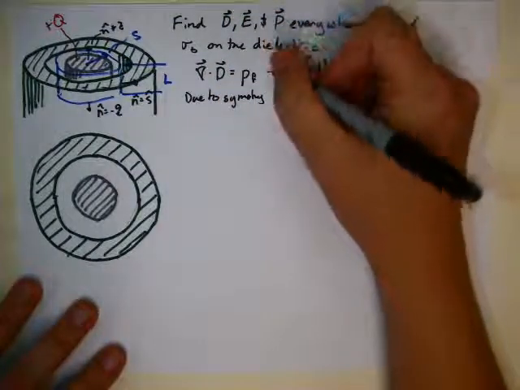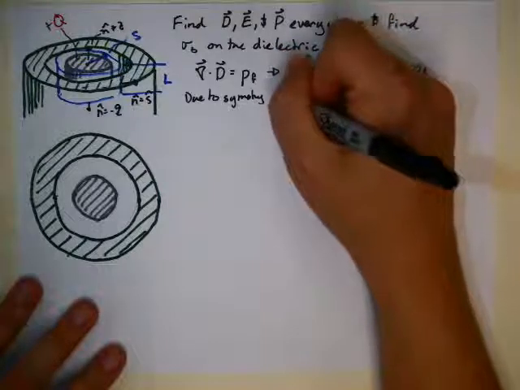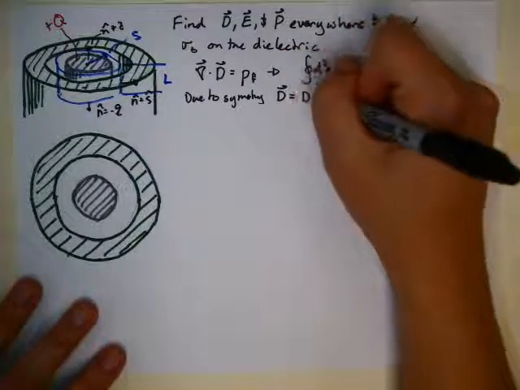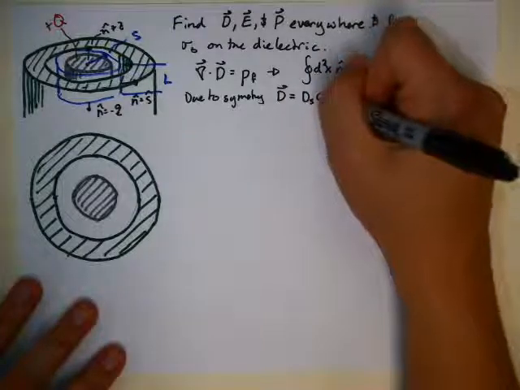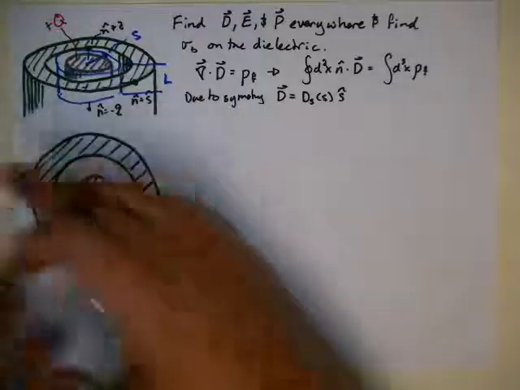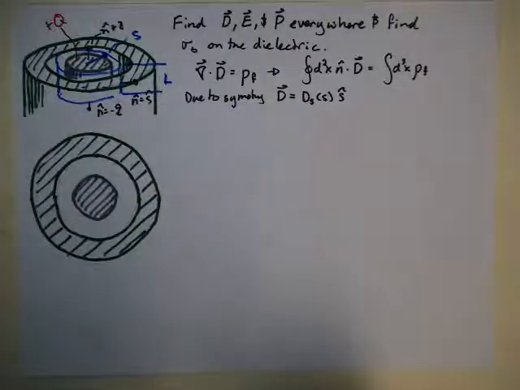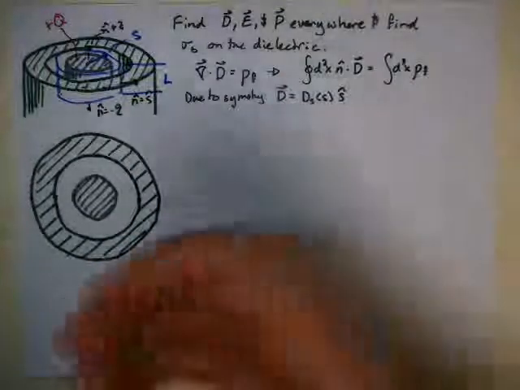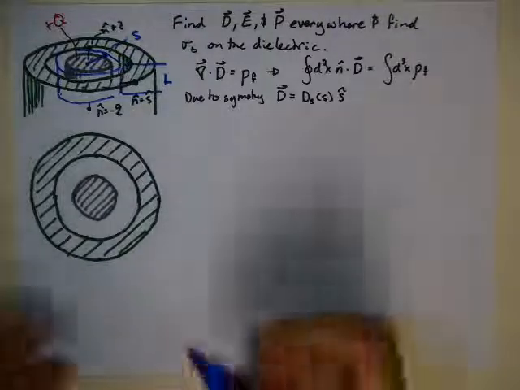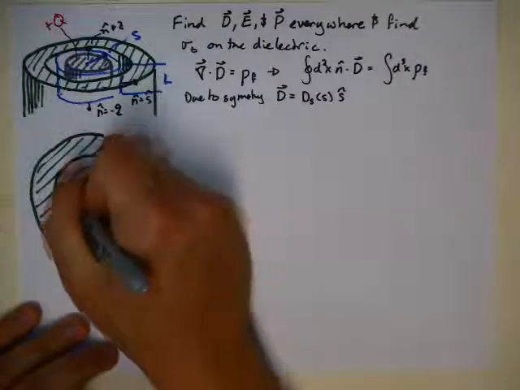Due to symmetry, we know that the displacement field needs to be only in the s hat direction, and furthermore it can only depend upon s. I can rotate this thing and I can't tell any difference, so it can't depend upon the azimuthal angle phi. Also, I should be able to move it up and down, so it can't depend upon z.